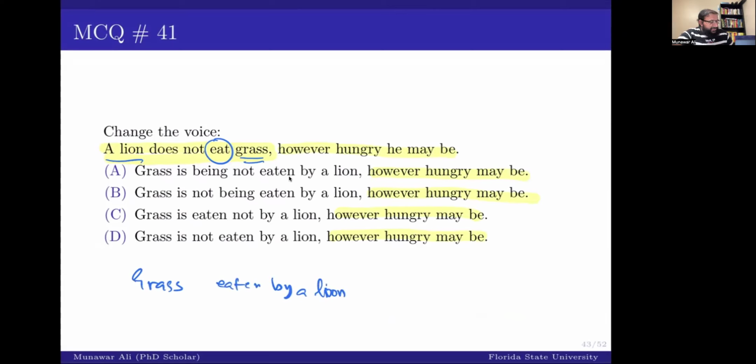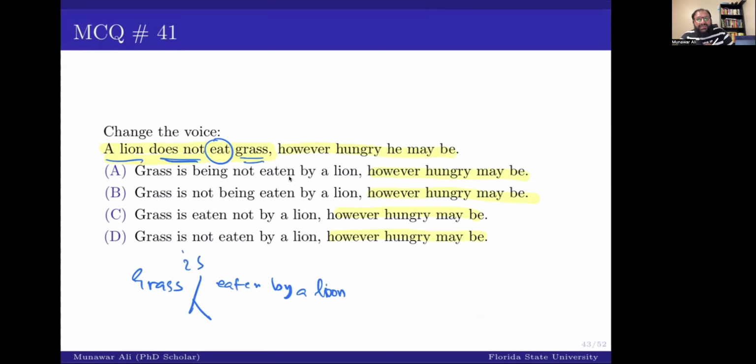But the only thing is, what should I put here as the helping verb? Since does not is the helping verb for the present indefinite, then in the passive voice, the helping verbs can be is, am, are, because that's present, not the past. But it's grass, so it should be is.